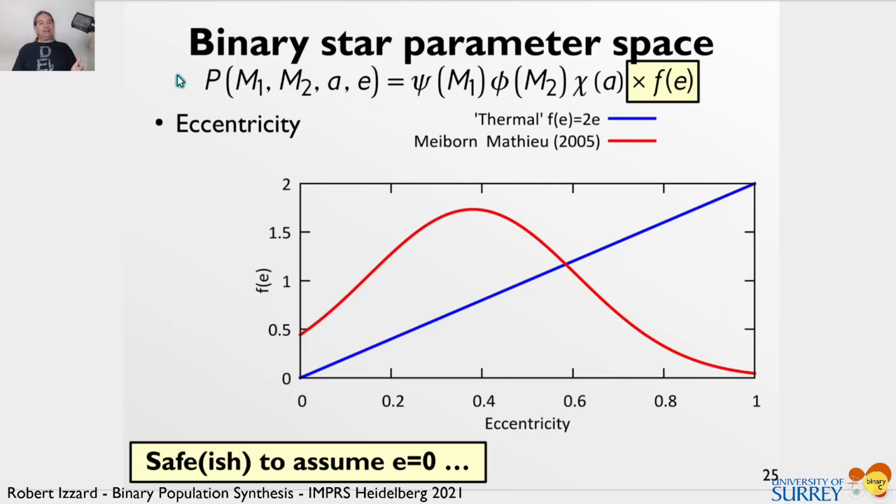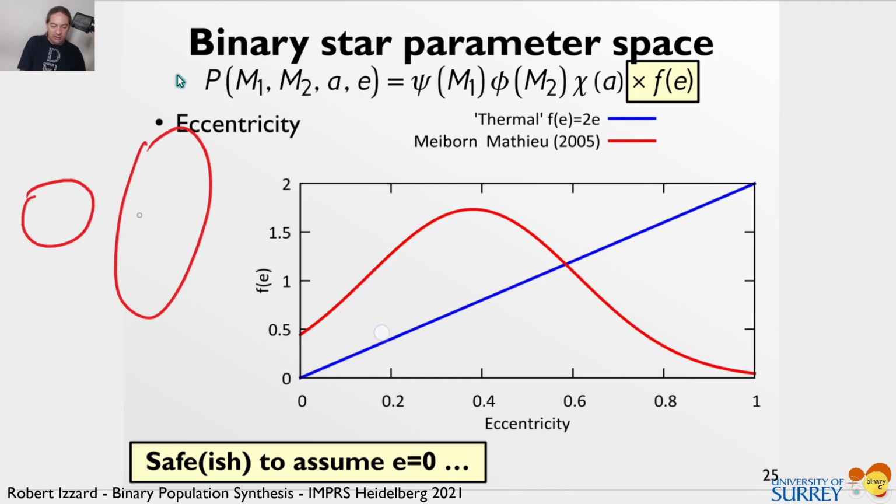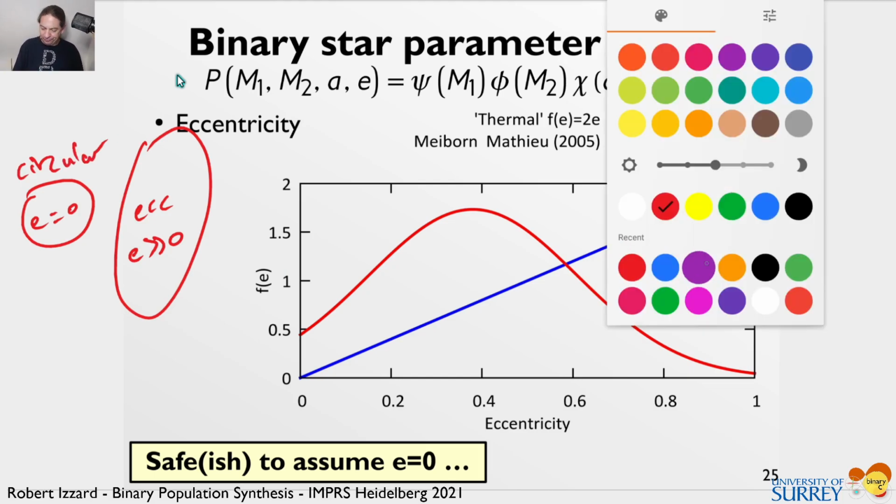Now, we've neglected the eccentricity up to now. Remember, you can have a circular system or an eccentric system. This one has very high eccentricity. E is the eccentricity usually, and if it's circular, E is 0. If it's eccentric, E is greater than 0.